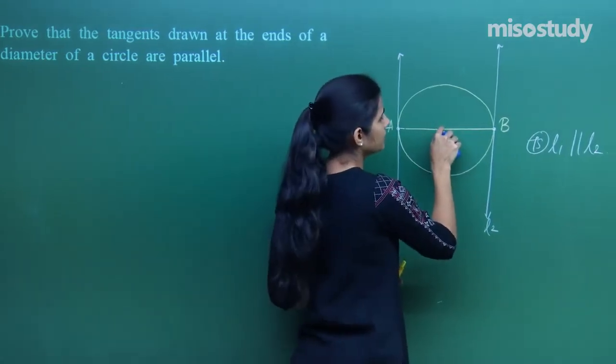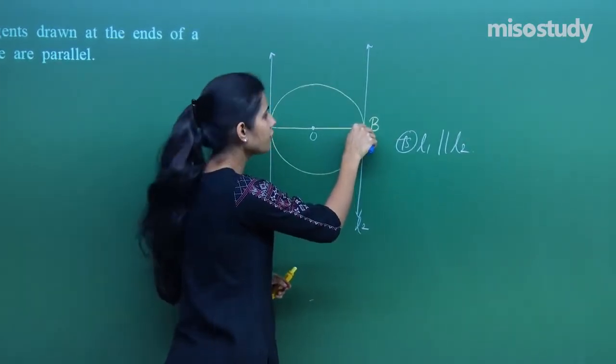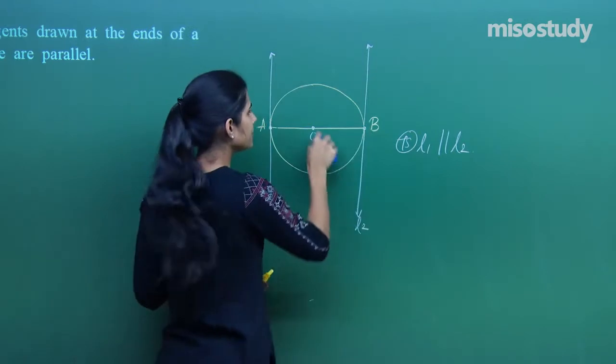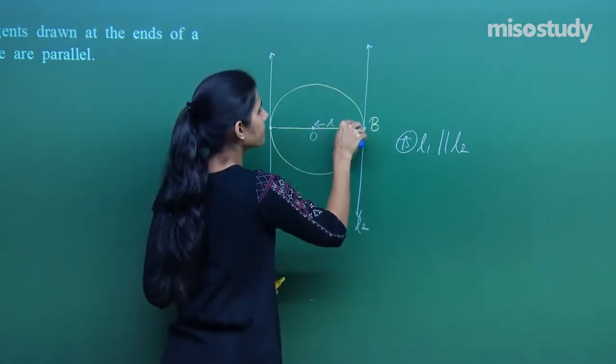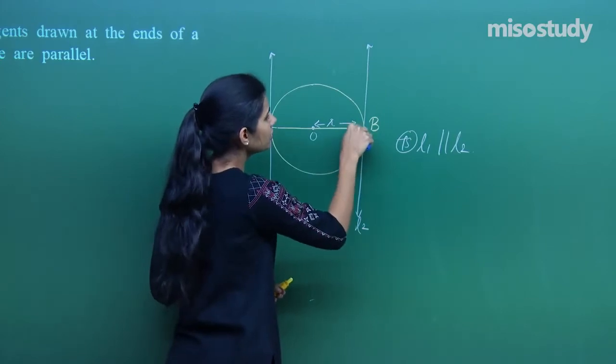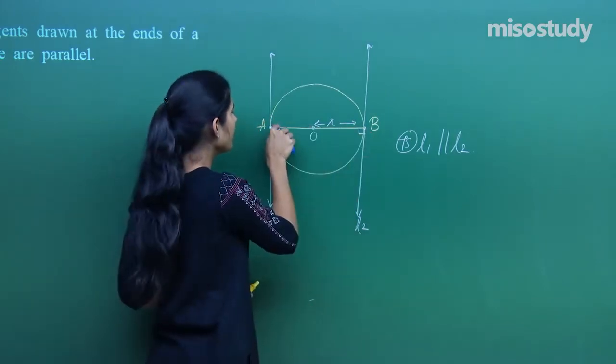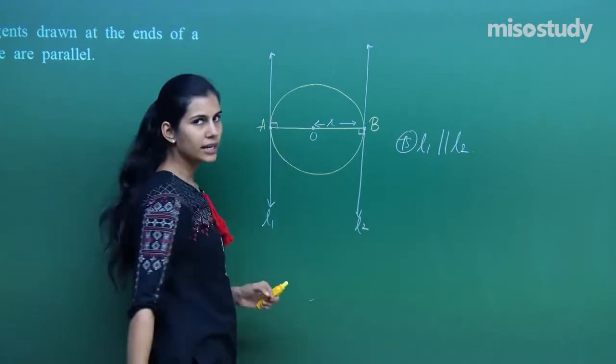From the center, if I talk about this segment OB which is drawn from the center to point B, this is nothing but the radius, right? And you know that the radius is perpendicular to the tangent through the point of contact. Similarly, OA will be perpendicular to the tangent through the point of contact.